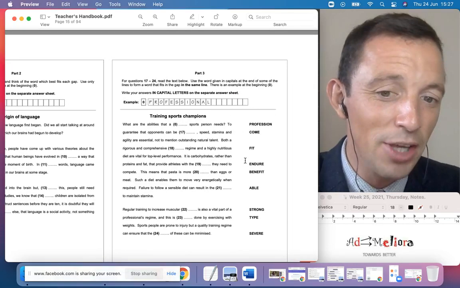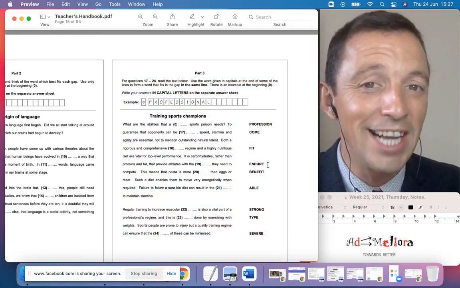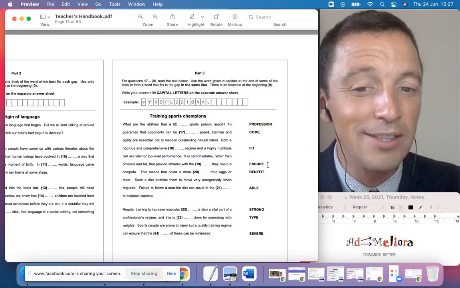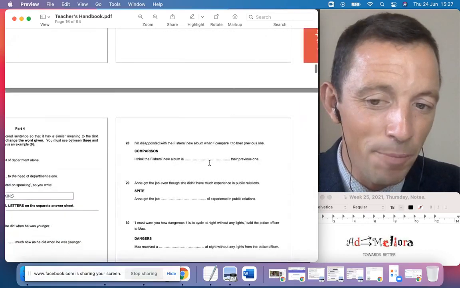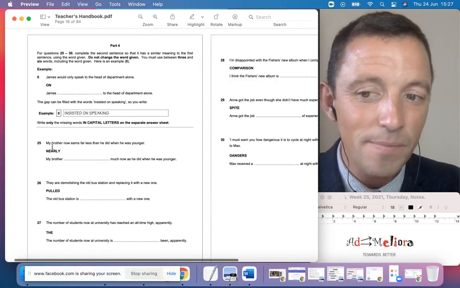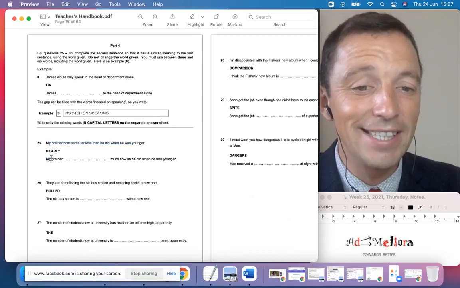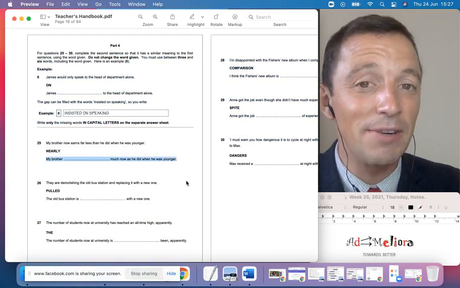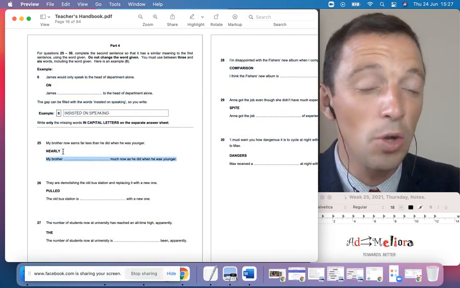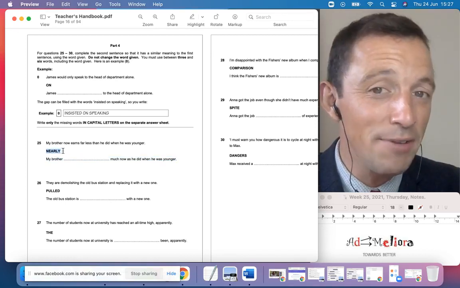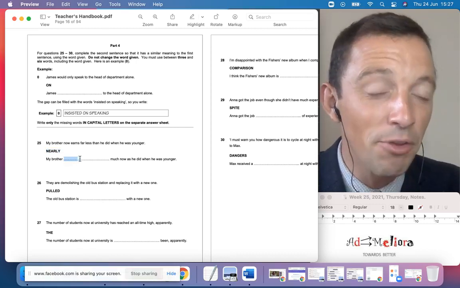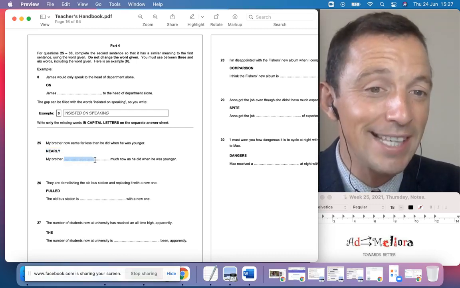Part 3, you have the word, but you need to change the form of the word to make it fit appropriately in the space. And part 4, you have the sentence, and you have a second sentence, and it's necessary to write the second sentence with the same significance as the first sentence, but it's necessary to use the word they give you plus minimum 3, maximum 6 in total.